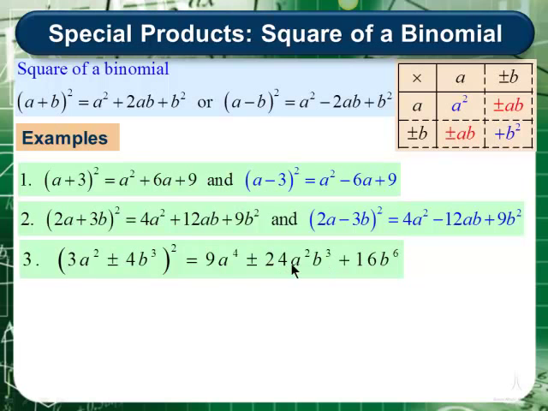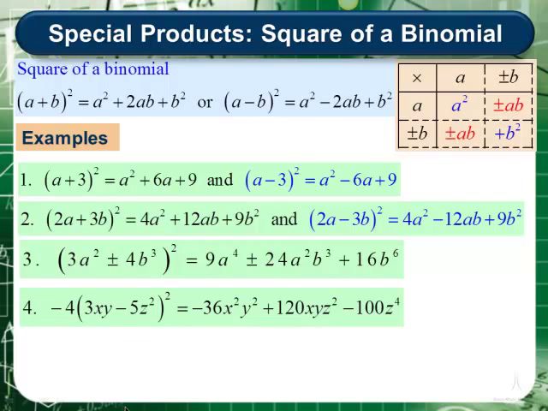And then for the middle term, we have to multiply the terms together, that is 12a squared b to the power 3, and then double that, so it becomes 24. Remember, the sign of the middle term remains the same as the sign of the binomial to be expanded, or to be squared, in this particular instance.